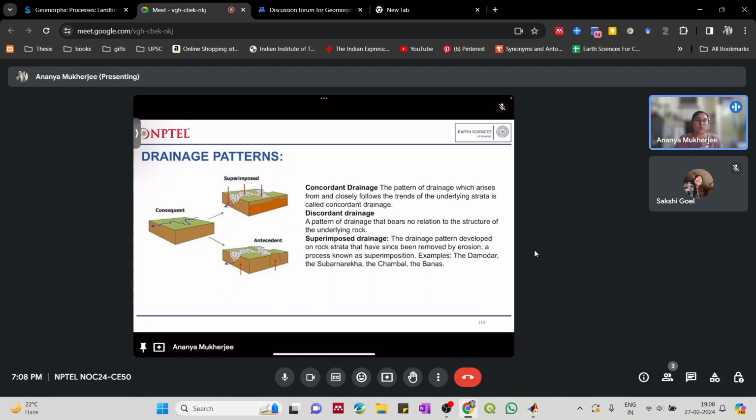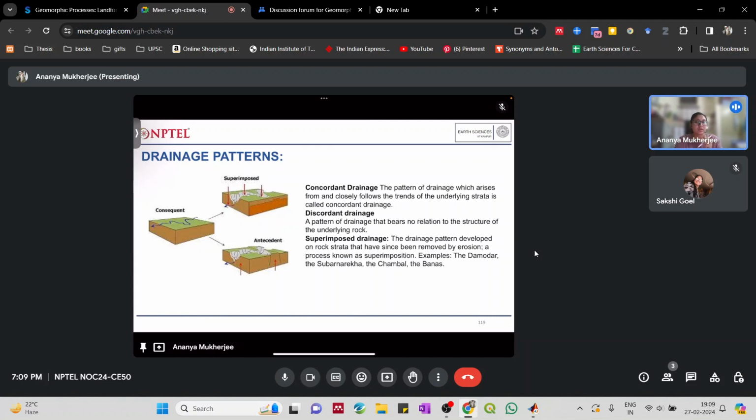rely on the balance that is present between uplift and the erosion that is done by the river, as well as the underlying geological strata that is present in that area. So you can have concordant drainage and discordant. We had discussed this briefly.